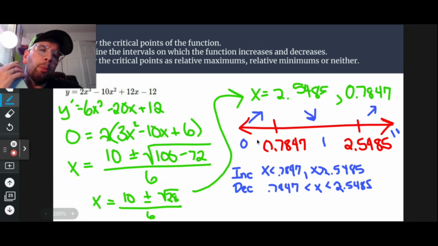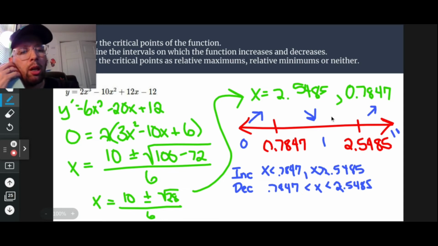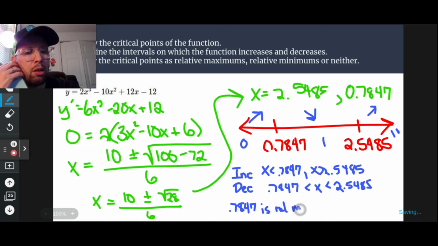Since I'm going from increasing to decreasing, 0.7847 is a relative max. And then 2.5485 is a relative min.